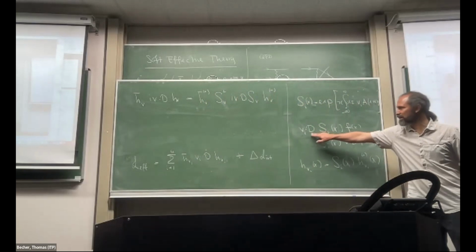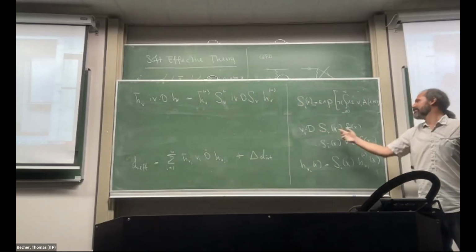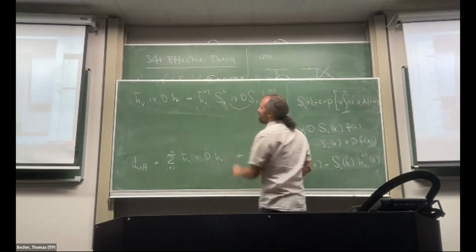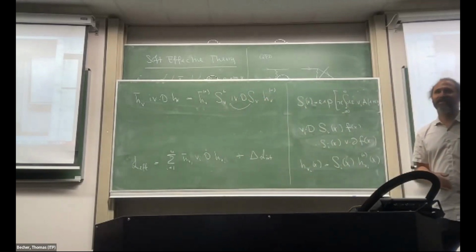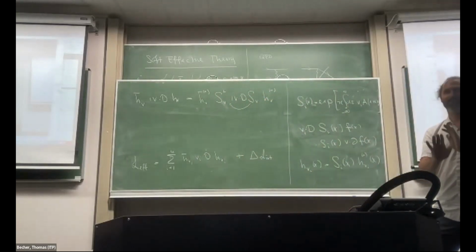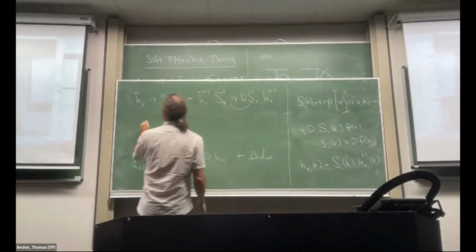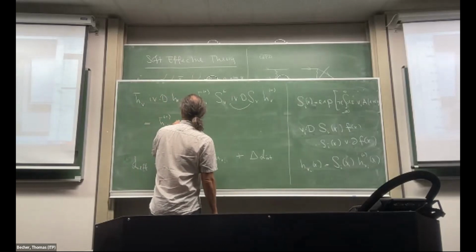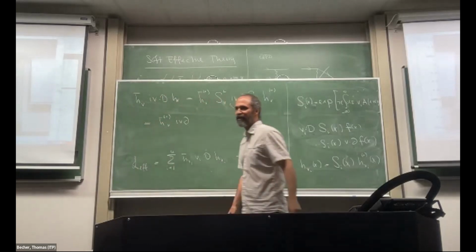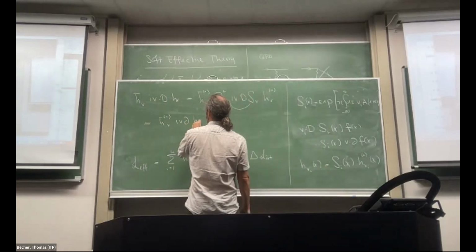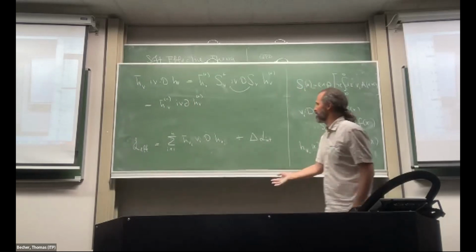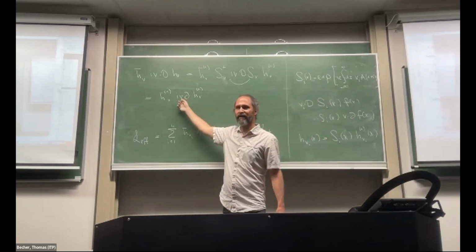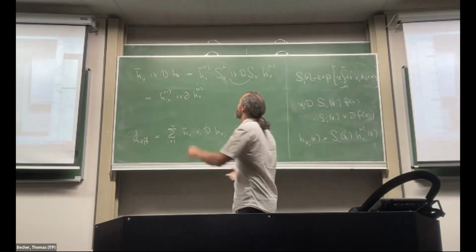Now we use this relation that the derivative along the line is 0 or only acts on the function here. That means I can pull this to the other side. Then I get S S dagger, and my dipole is at the same point, so this is just 1. It cancels here. So I get h bar 0 i v dot regular derivative h_v. So no longer any photon interaction. Fantastic. So we've decoupled the soft photons from this Lagrangian.